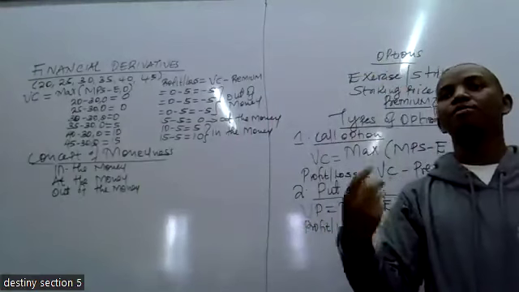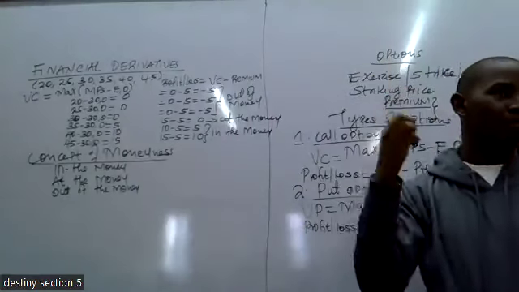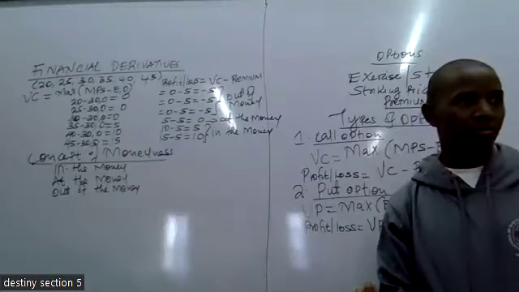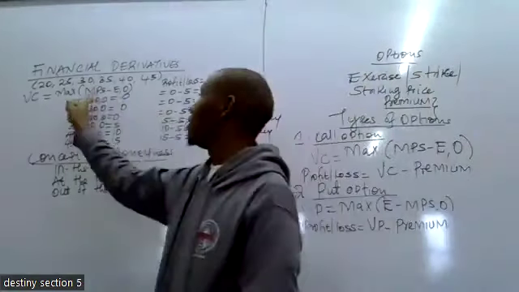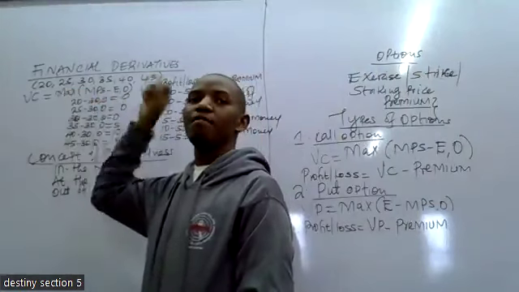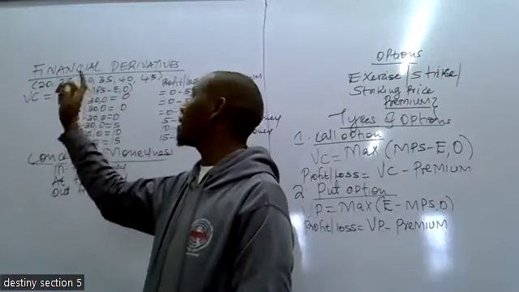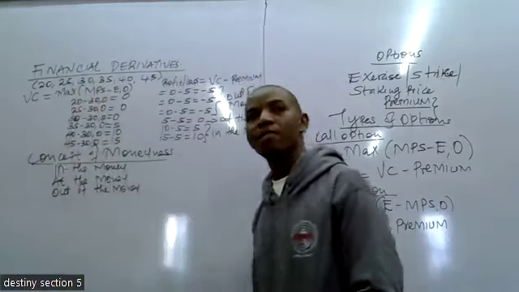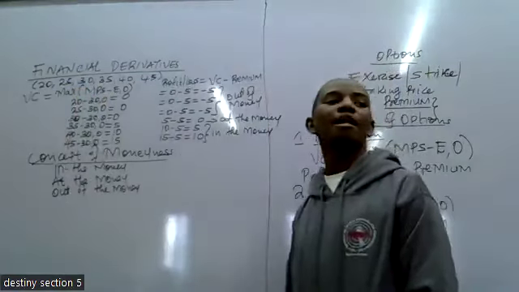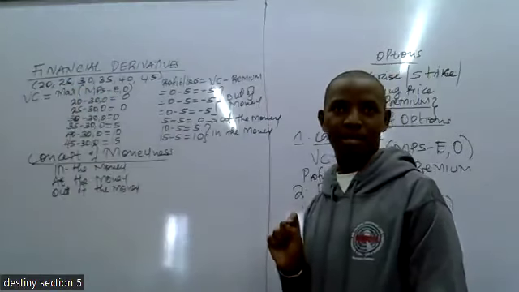When I talk of cash flows, we are talking about the cash inflows and outflows. If the MPS, that is the market price per share, is greater than the exercise price, then it means that the calls are in the money.